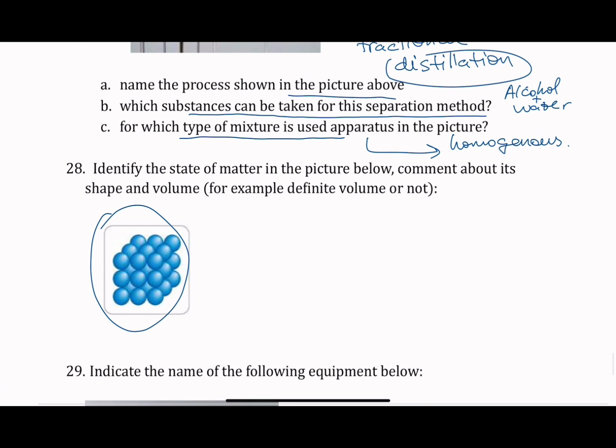Now, in this case, we need to talk about volume and shape. As we can see, this is a solid state, and it has a definite volume, for example, 1 meter cube, and definite shape.